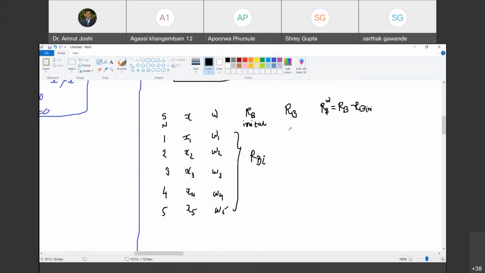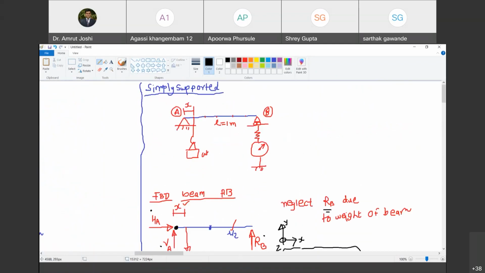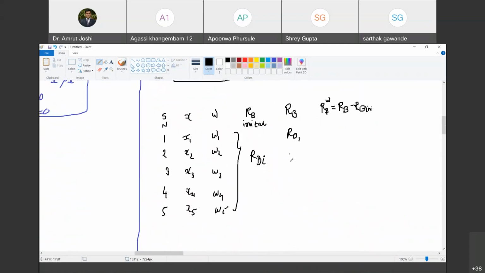You have W1 at X1, you take the reading. W2 at X2, you take the reading. Go on. Like this you take values, and I call them RB1, RB2 up to RB5. But from all of these you have to subtract the initial RB. So the contribution of self weight in RB is gone. Are you with me? Yes, sir. So this value we will call RB experimentally obtained due to only external load W. Are you with me? Yes, sir.